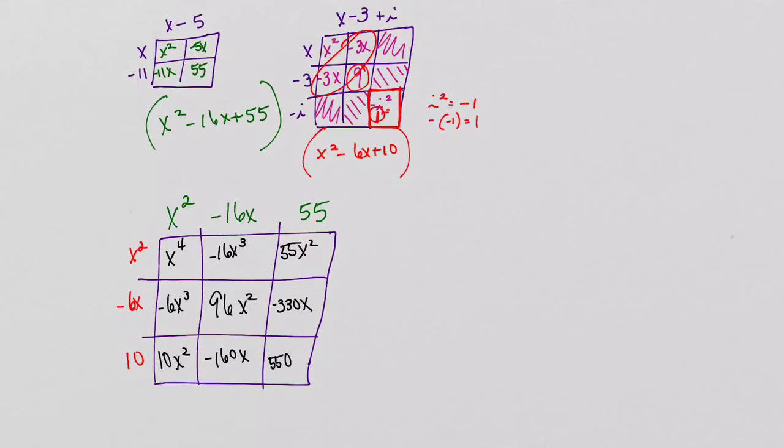As you can see, these are all the terms that I get when I multiply my trinomials together. I have 9 terms. I need to condense them into a simplified standard form polynomial. So I'm going to start with the term that has the highest degree, which would be this one, and I'm then going to combine my like terms so my third powers can go together.